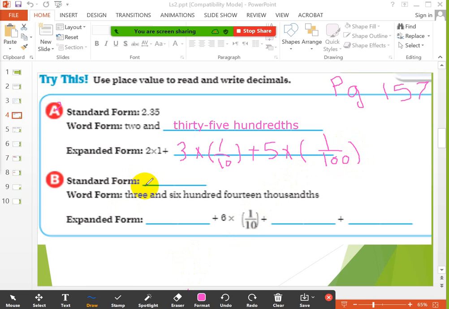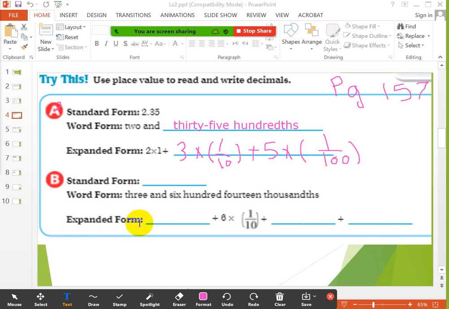Now exercise B. Here I want to find the standard form. I will know it from the word form. In the word form, let's read the number: 3 and. That means I have 3 in the ones digit and the decimal point.